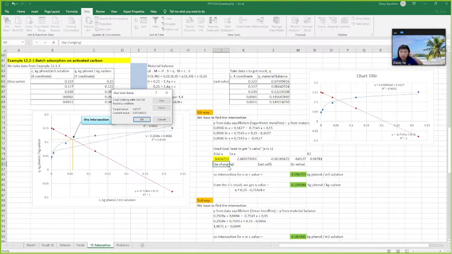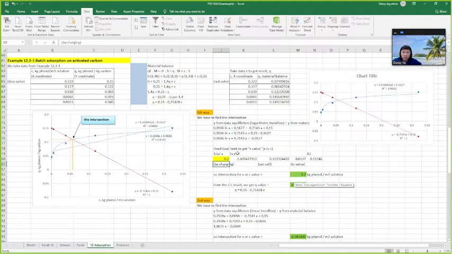So you can see on your screen what we get.